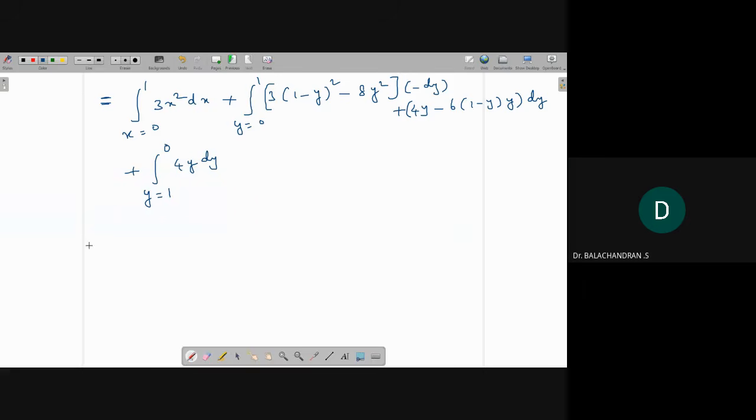So the first and the third integral are a little bit easier. First integral is what? 3 into x cube by 3, limit is from 0 to 1. So 3 gets cancelled, 1 minus 0 is 1. Now, simplify the second integral.